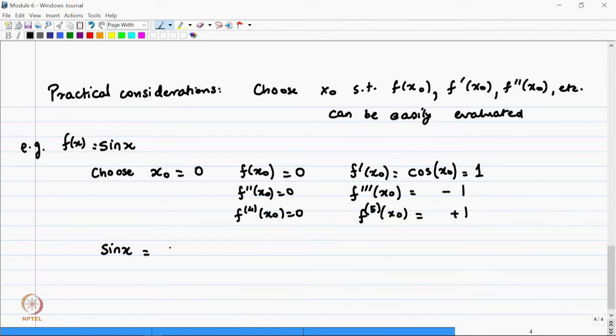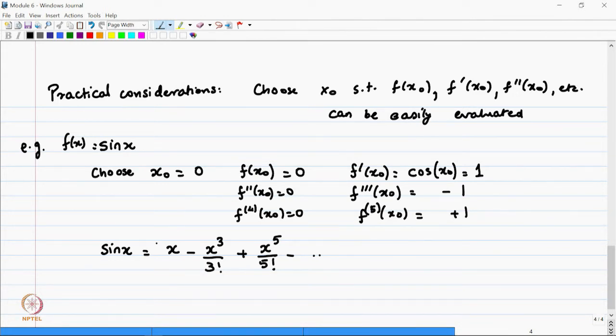So, you have 1 into x minus 0, so you just have x, and then the even terms are 0, so the next odd term will be minus x cube divided by 3 factorial, plus x to the fifth divided by 5 factorial, and so on. So, this is the Taylor expansion of sin x.